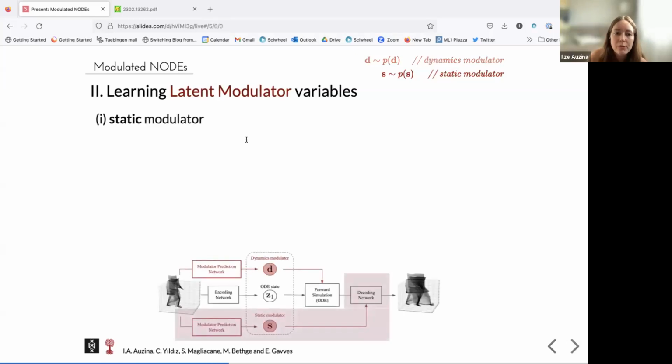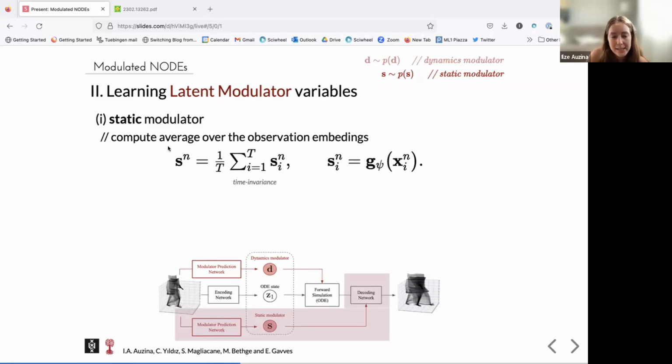So first, we're going to focus on the static modulator, the bottom part of the network architecture in the graph that I showed you. What we want to do is compute an average over the observation embeddings. Read this equation from the right-hand side to the left.